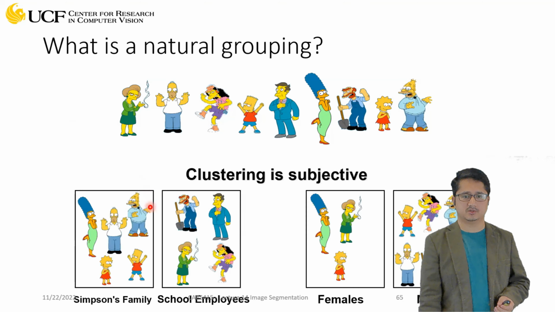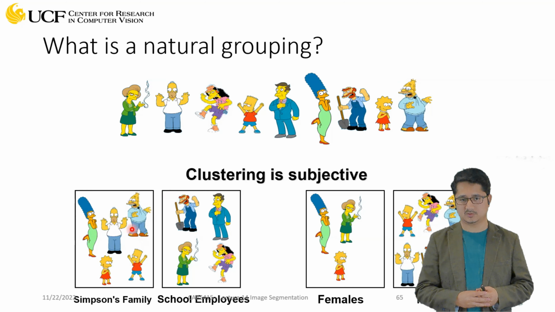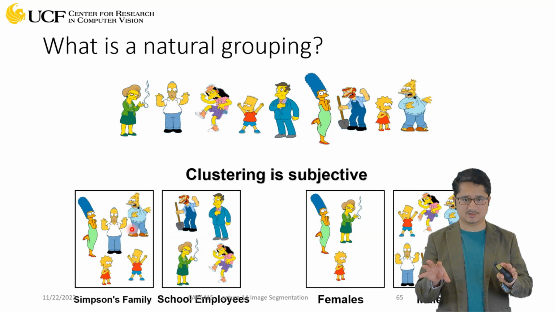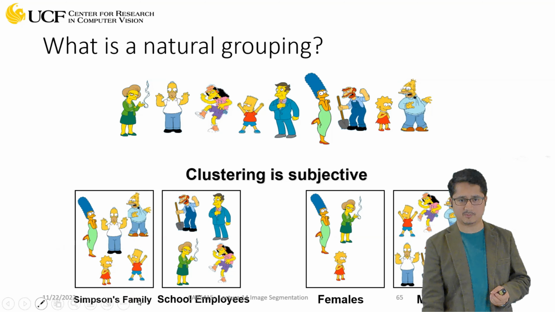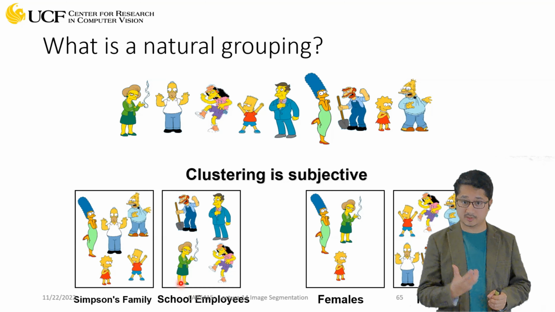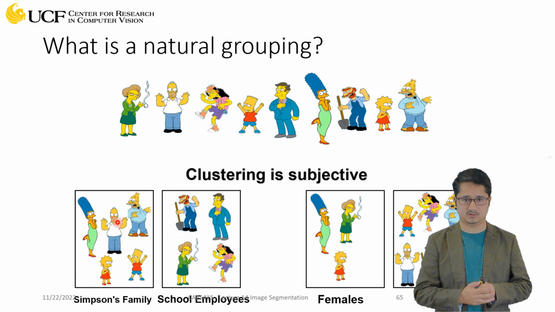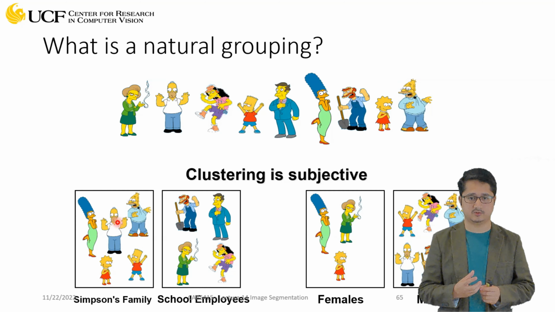Let's say we want to perform clustering based on family members. Our two clusters are the Simpsons family and the school employees. If we use these two as clusters, the result you will obtain is something like this: all these are school employees, and all these are the Simpsons family. That was the objective you had to solve.